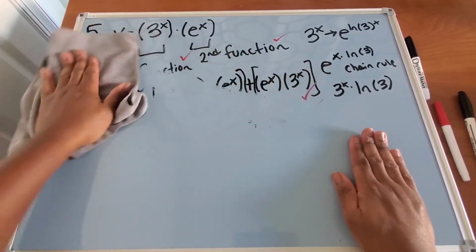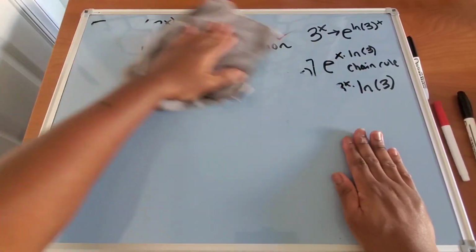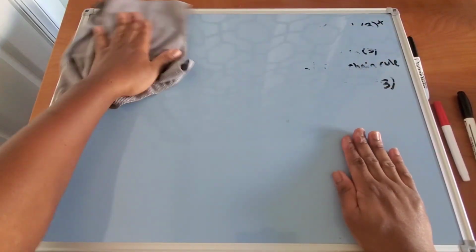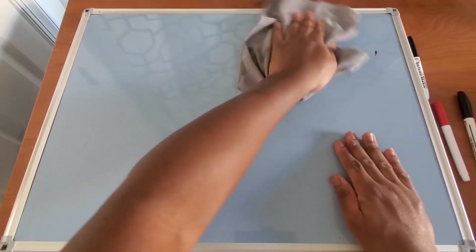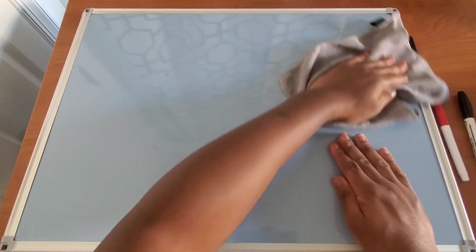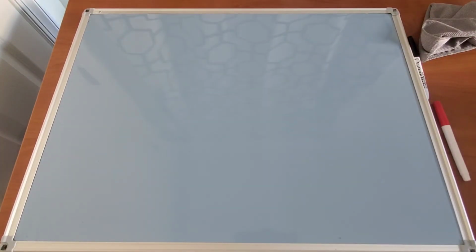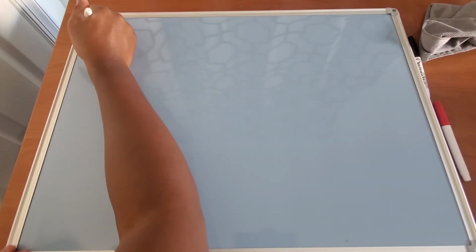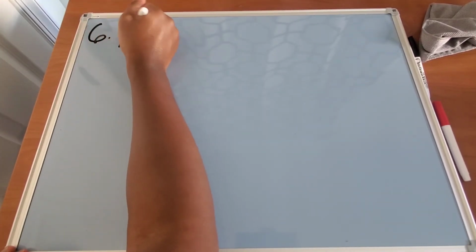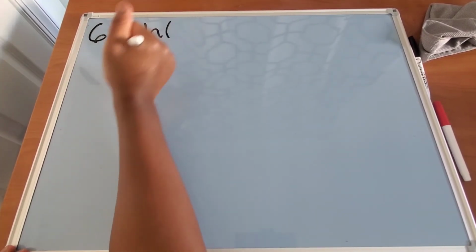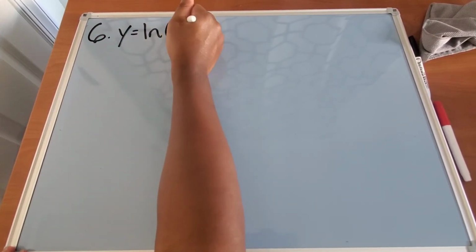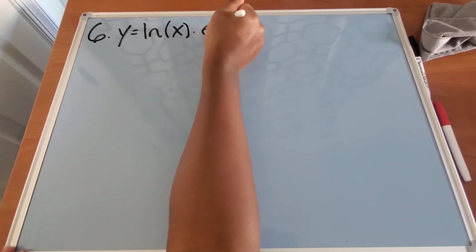So for our last question, question number 6, it's kind of similar to everything else we've been doing for the most part. So question number 6 is y is equal to the natural log of x times e to the x.